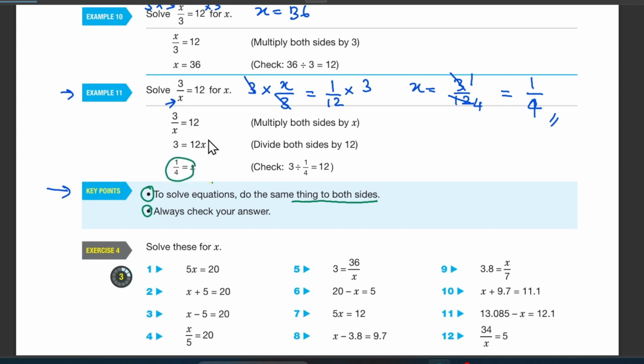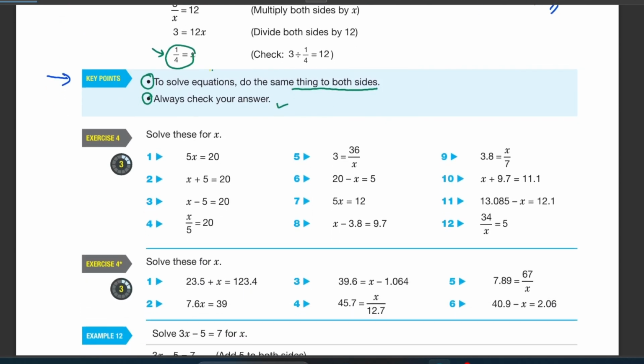So put that answer into the side which has x and check. It is better if we check with the original equation, not an intermediary step. So this is the original equation. Substitute the x value we got in the last step here, and check whether we get the value that is on the other side. Okay, that way we can always make sure we got the correct answer.